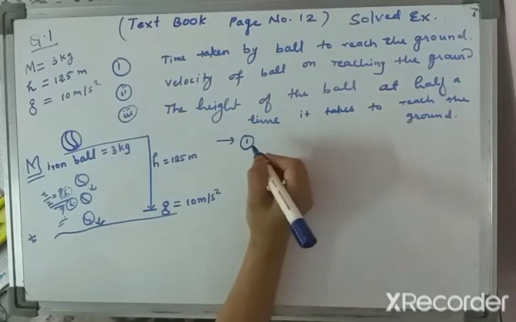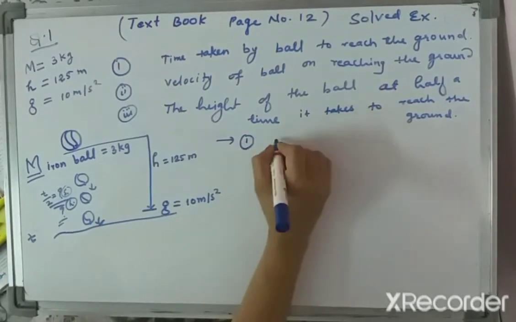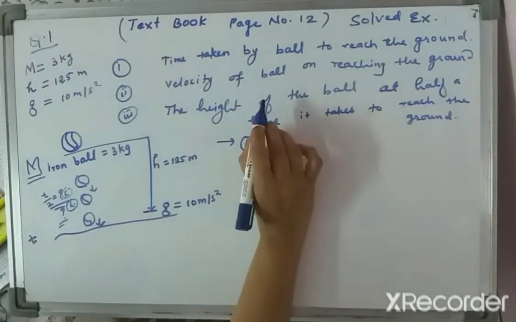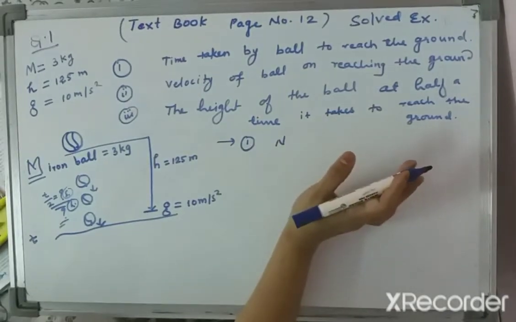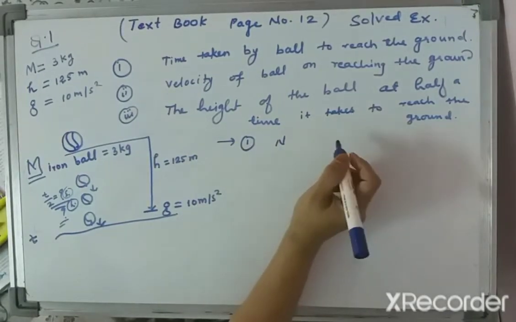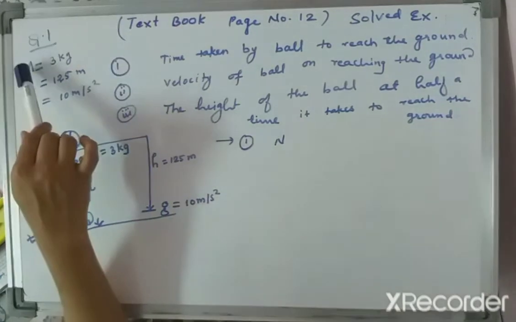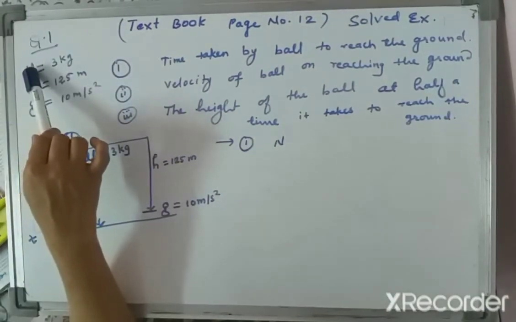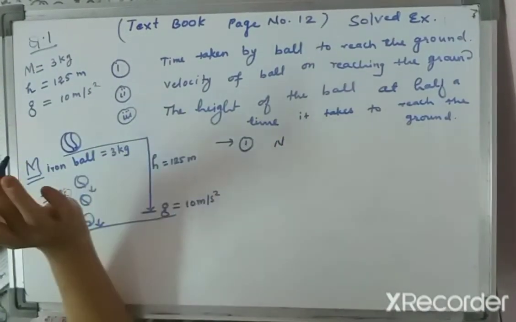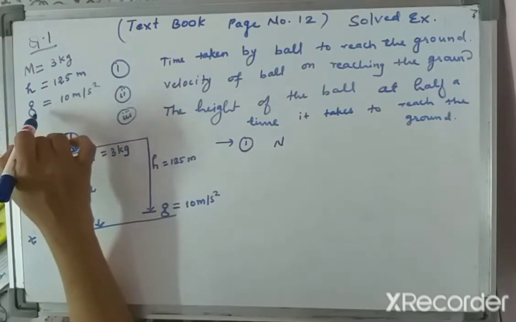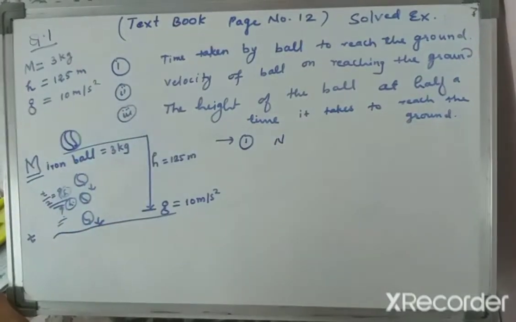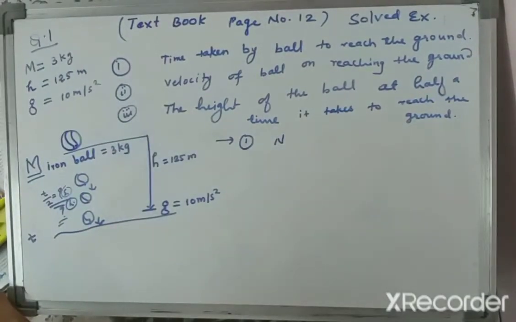So let us calculate the first question's answer. Here we have to calculate the time taken by the ball to reach the ground. Which expression will we use here? We have mass, but mass is not useful for finding this. Height and acceleration we have. In the first question we have to take out time.